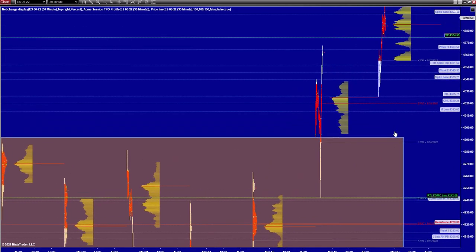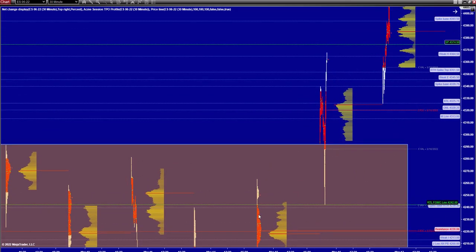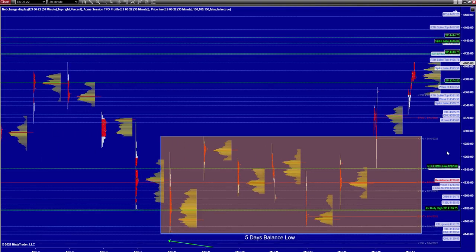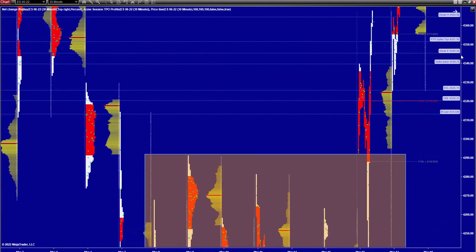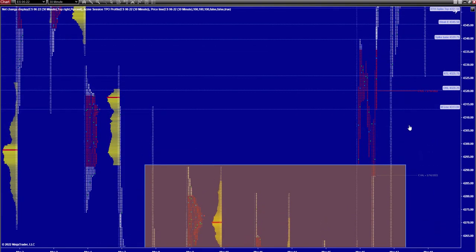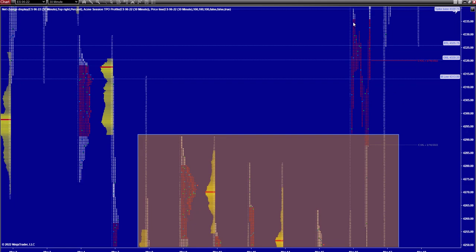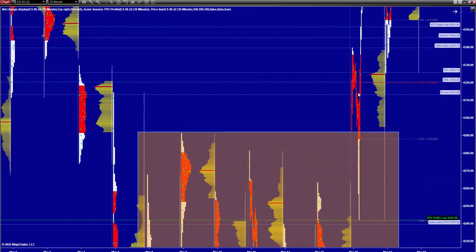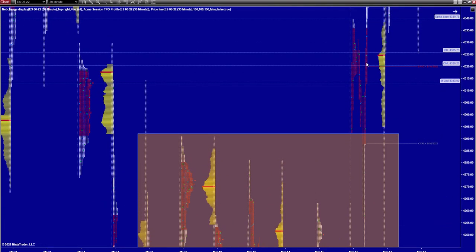Now this was the kind of day where I got a little bit confused, and I was trying to short. I was trying to take shorts within this zone, and somehow it was working greatly. Sorry, not this particular day. I think this was the FOMC, right?